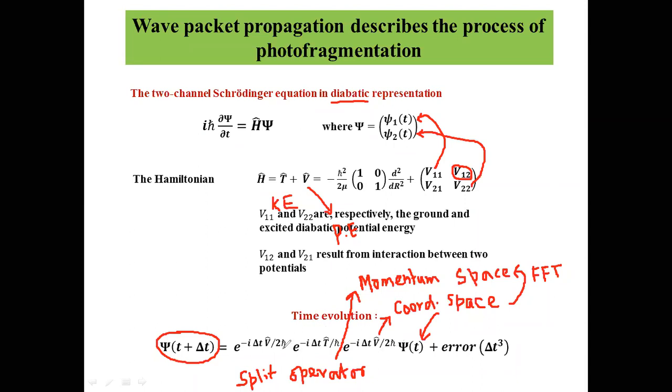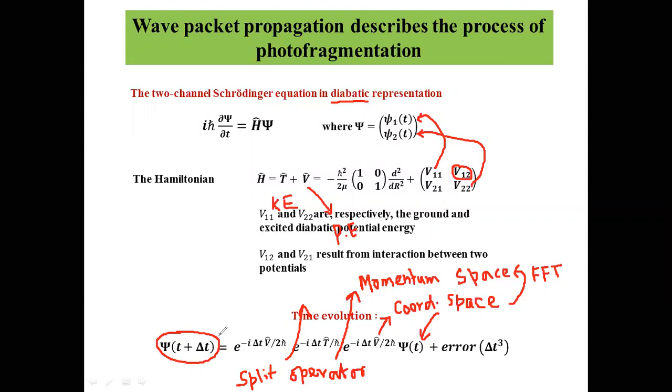So the resultant function is now in the momentum space, right? But I again need to multiply the half of the operator which is left. So I have to come back to the coordinate space from here. At this stage, I have to do the FFT, or inverse FFT, if you want to say that, to go back to the coordinate space, and then multiply this.